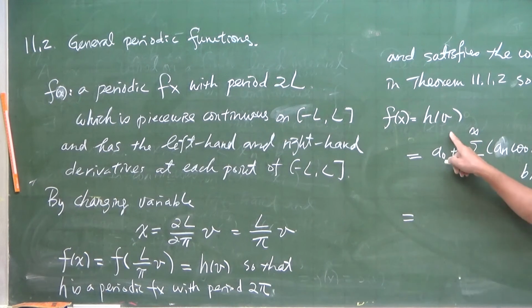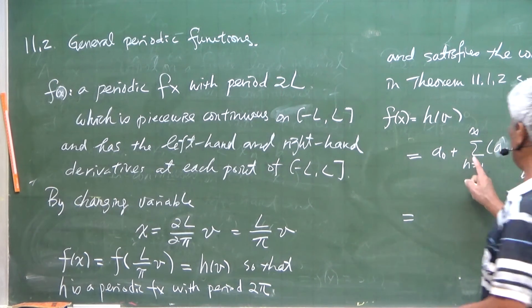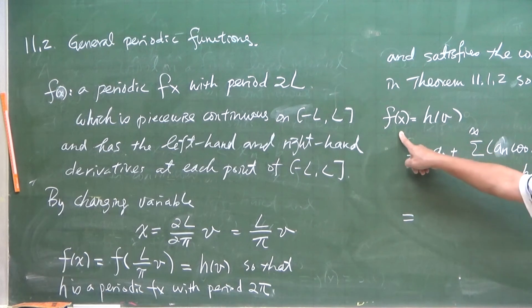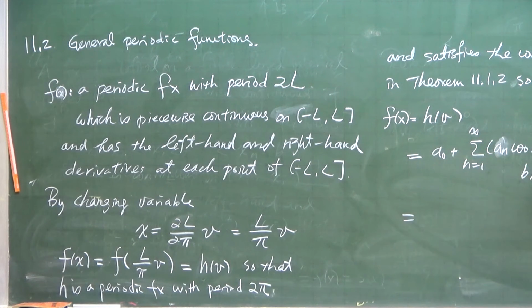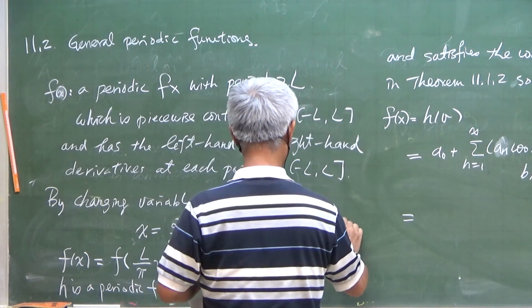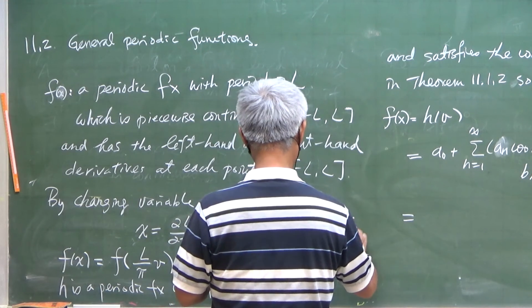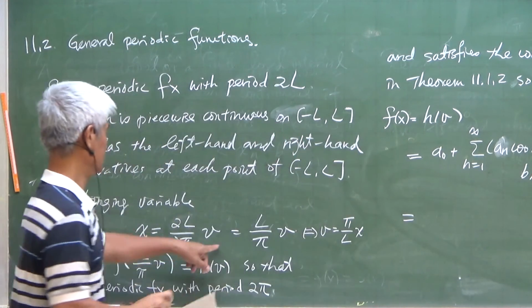Okay, so we expand h of v by using the trigonometric system here, and we can come back to variable x by the substitution, because v is equal to pi over L times x, right?